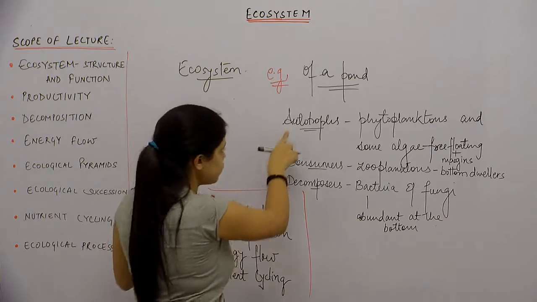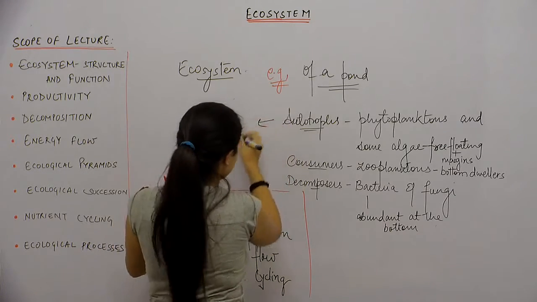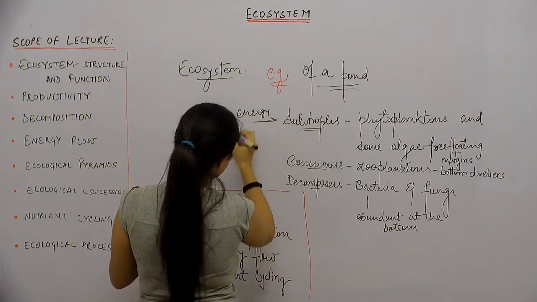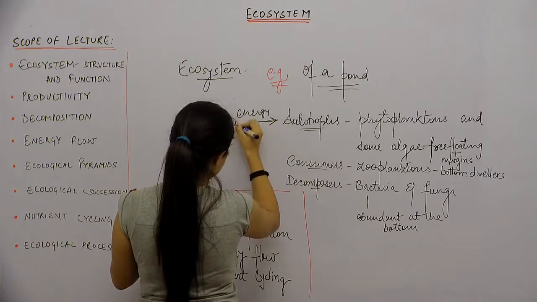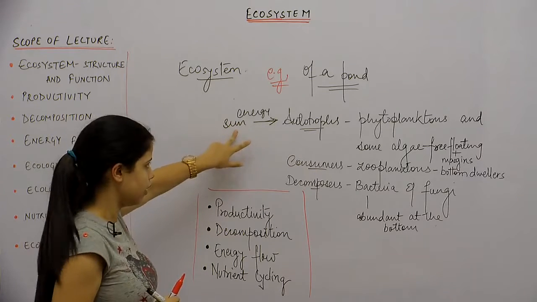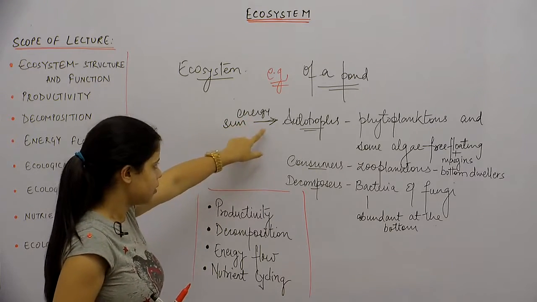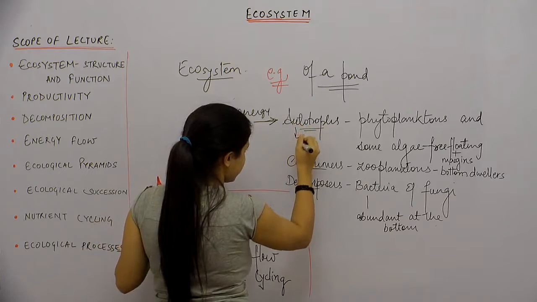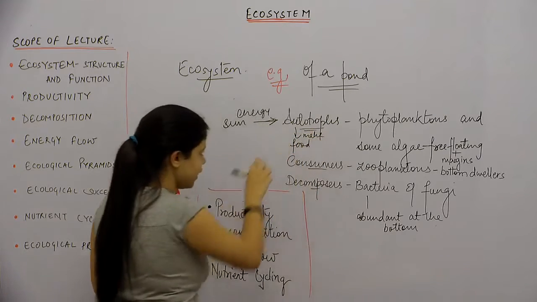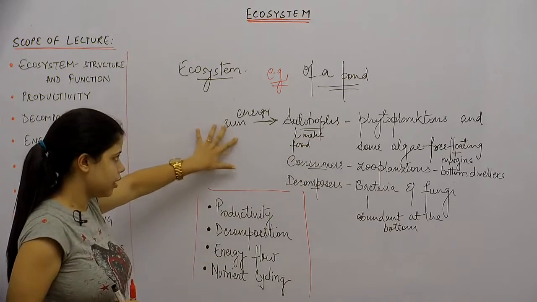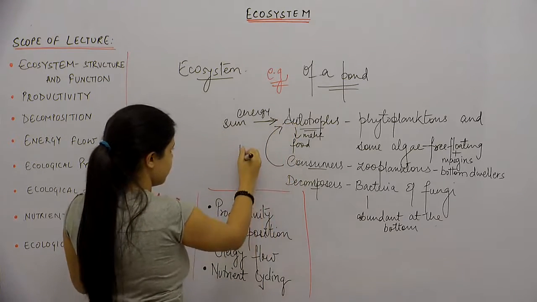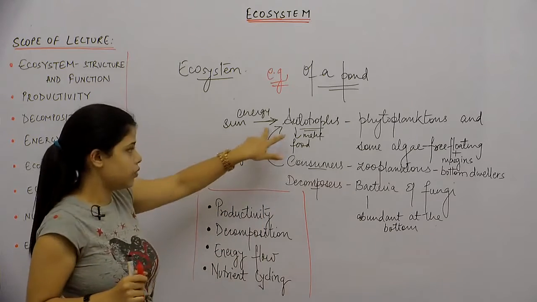Well, these autotrophs will take energy from the sun. Well, this energy is nothing but the sunlight which is falling on the pond, right? So they will take energy from the sun to make food. These consumers will feed on these autotrophs, right?